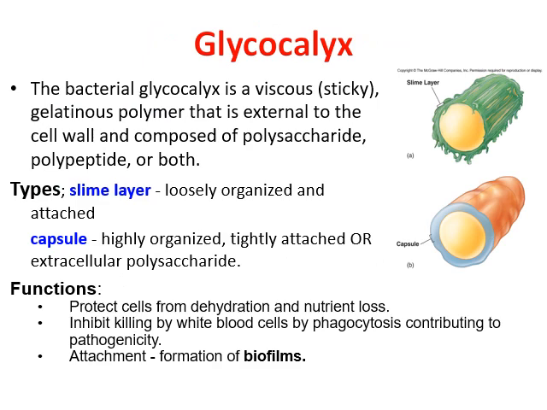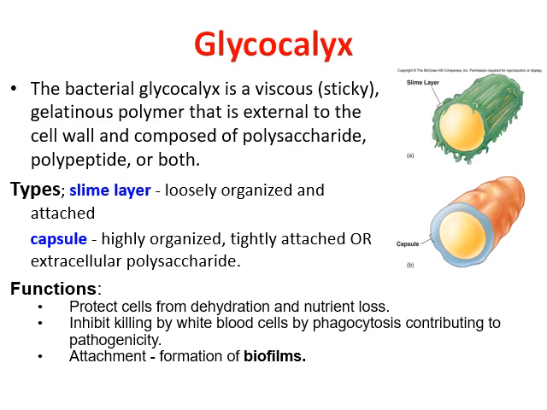The bacterial glycocalyx is a viscous, sticky, gelatinous polymer that is external to the cell wall and composed of polysaccharide, polypeptide, or both. So the main constituents of this glycocalyx are the polysaccharide and polypeptide. The types of this glycocalyx can be either slime layer or capsule.